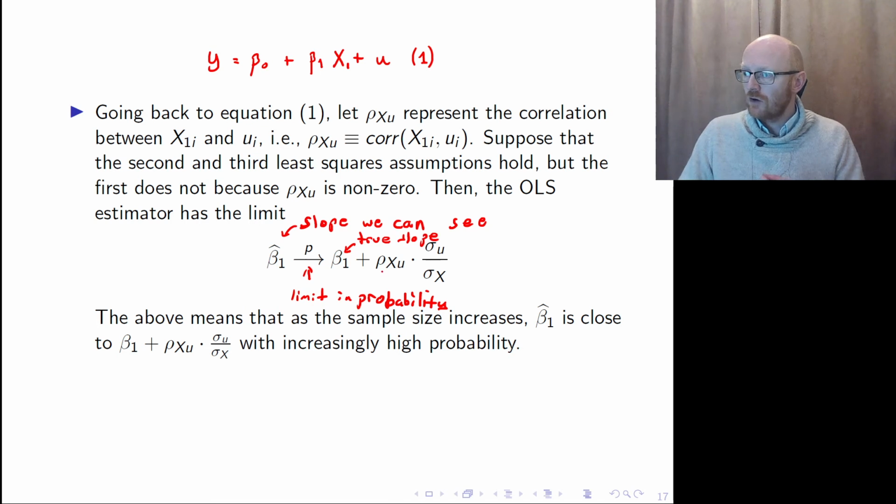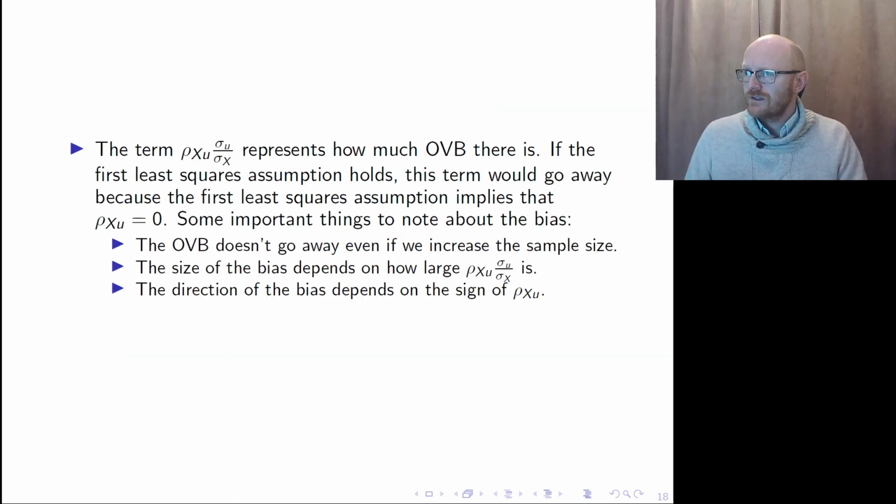plus the correlation between the x1 variable and the residuals times the true standard deviation of the residuals divided by the true standard deviation of the x1 variable. Okay, so what does that mean?